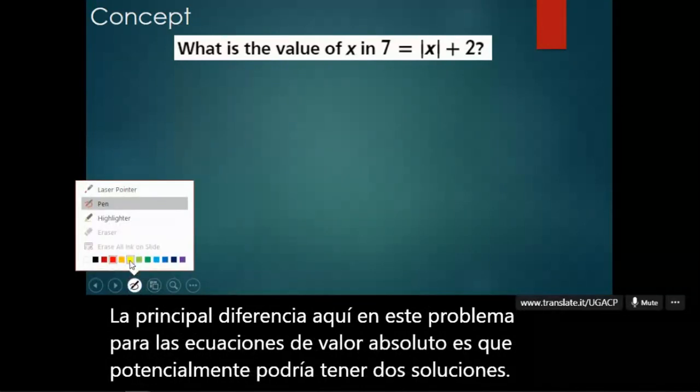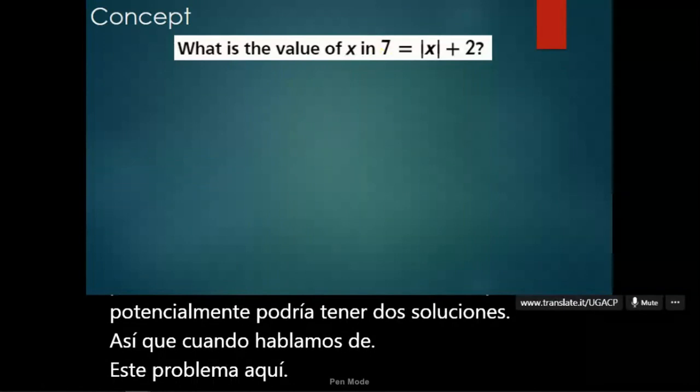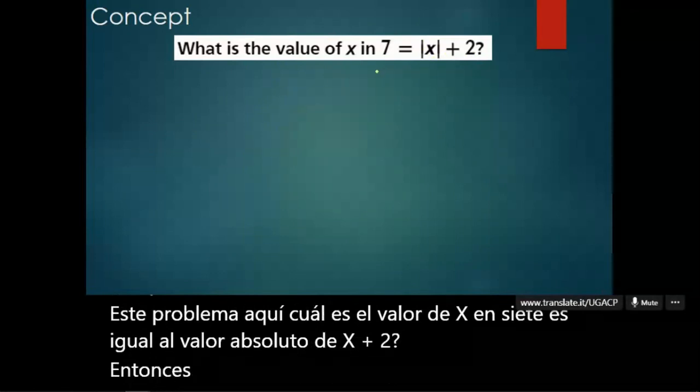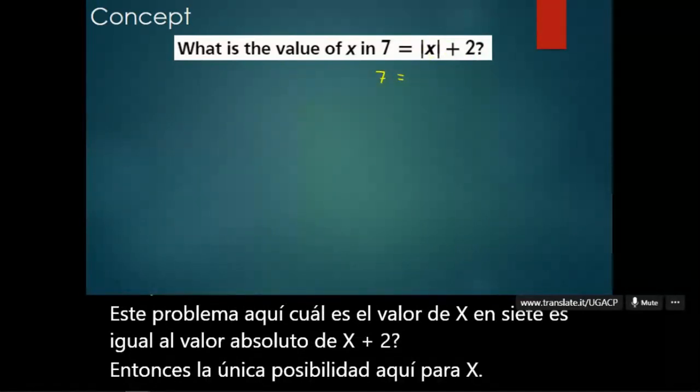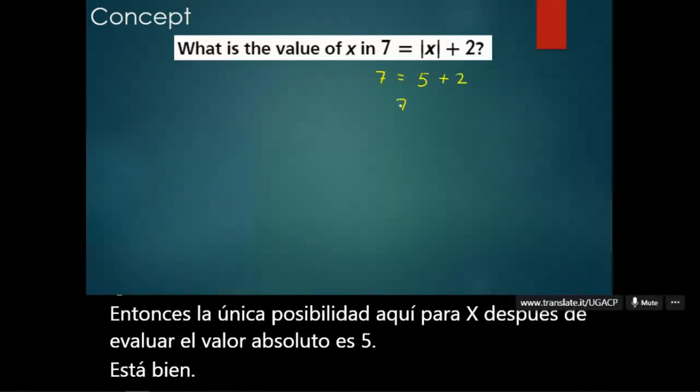So when we talk about this problem here, what is the value of x in 7 equals the absolute value of x plus 2? The only possibility here for x after evaluating the absolute value is 5. So 7 equals 5 plus 2 would give you 7 equals 7.